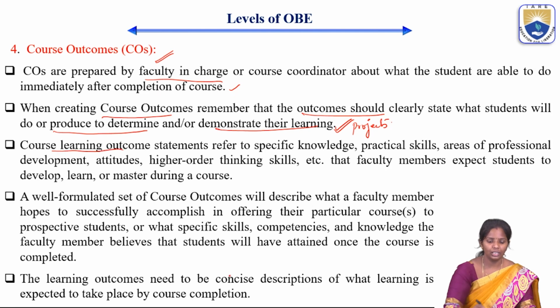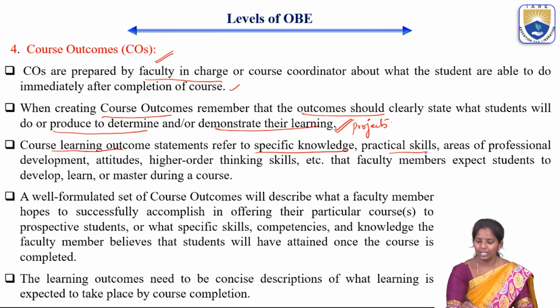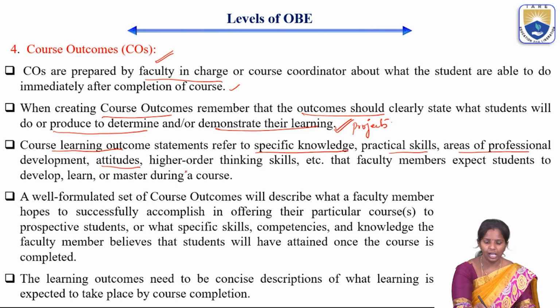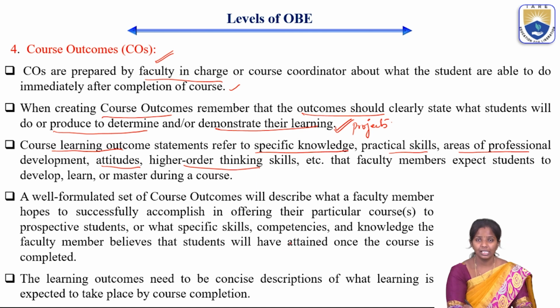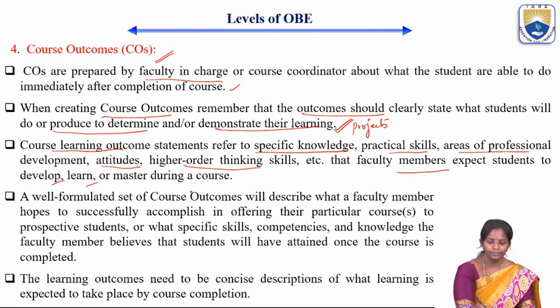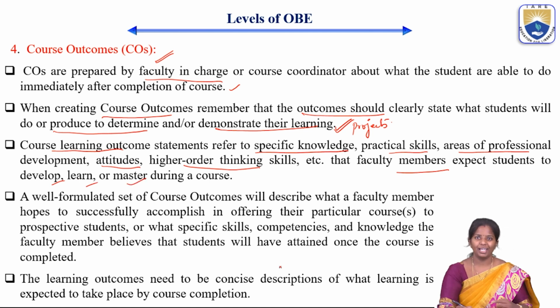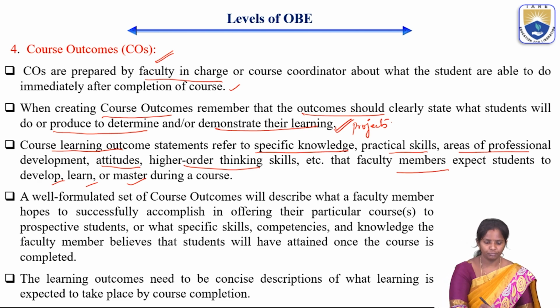So course learning outcome statements refer to specific knowledge, practical skills, areas of professional development, attitudes, higher order thinking skills that faculty members expect students to develop, learn, master during a course. Master is like they should have the high knowledge and skilling up to that particular course.